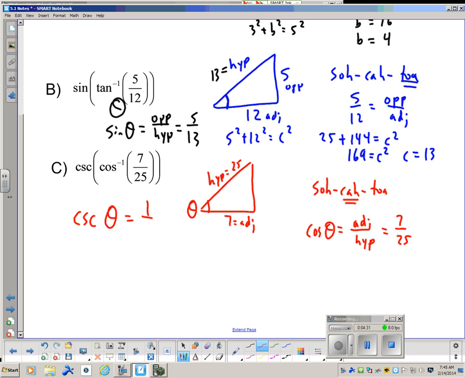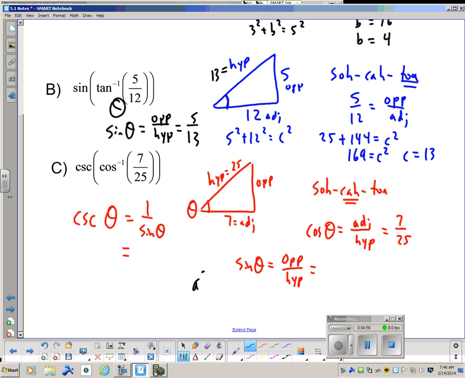So 1 over sine theta. But we know what sine is. Sine is equal to your opposite over your hypotenuse. And my opposite here, in this case, we don't have yet, so let's find that. Let's use our Pythagorean theorem to get our opposite.